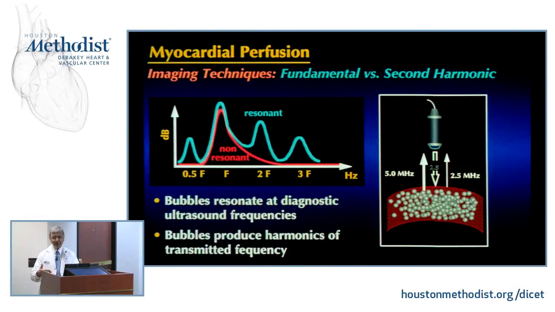And actually the myocardium emits second harmonics. And remember in my first lecture, if I'm imaging at 2.5 and it says H 2.5, meaning harmonic 2.5, remember, I'm imaging at 2.5, meaning my emitted frequency is half of that, which is 1.25.